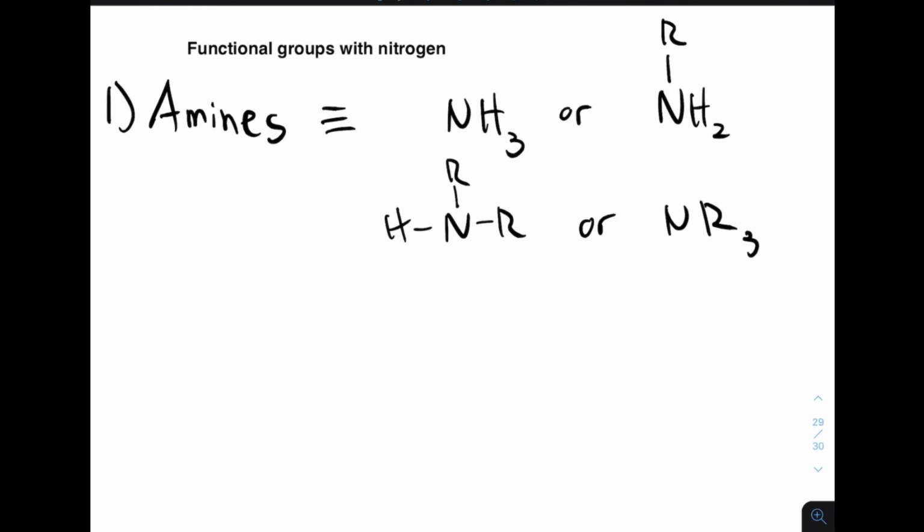And the important thing to note here is that whether you have a hydrogen or an alkane group, it doesn't change that it is an amine, okay? And we'll talk a little bit more about that later down the line, but this is an amine group, okay? And we'll get a little bit more practice with recognizing them down the line.